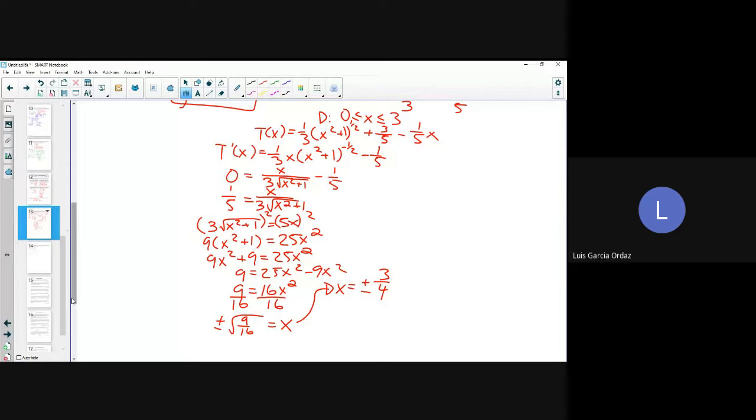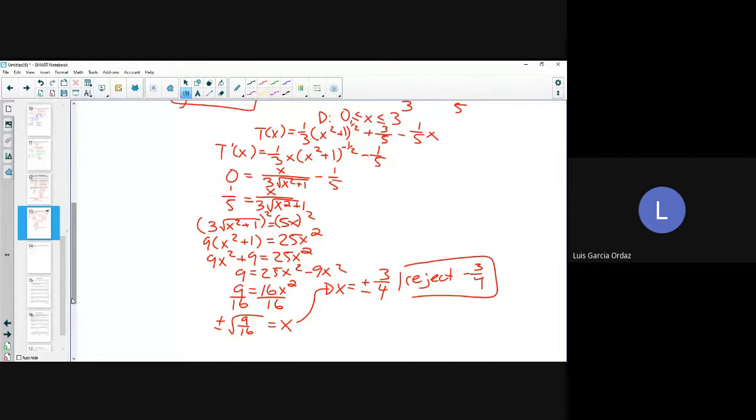Remember, we're talking about time over here. Okay, so we cannot use the negative because time can't be negative. So we're going to reject negative 3 over 4.